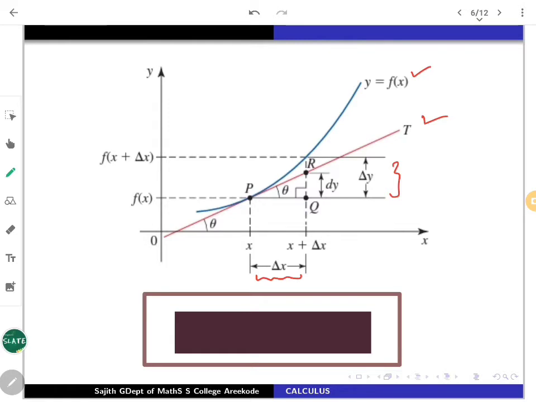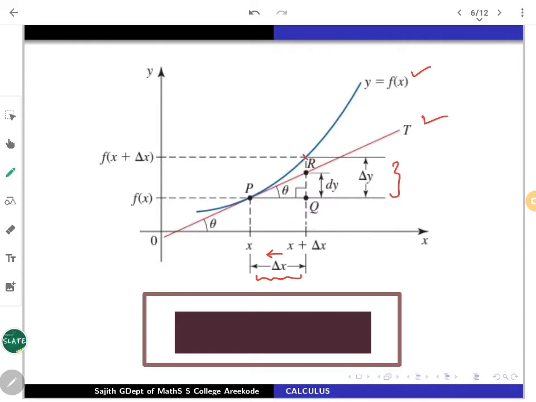If it makes an angle theta in the positive direction, then obviously you can work out the triangle PQR here. In this picture, whenever delta x is small, the y coordinate of the point R is a good approximation for our f of x plus delta x, because f of x plus delta x is the full thing here.